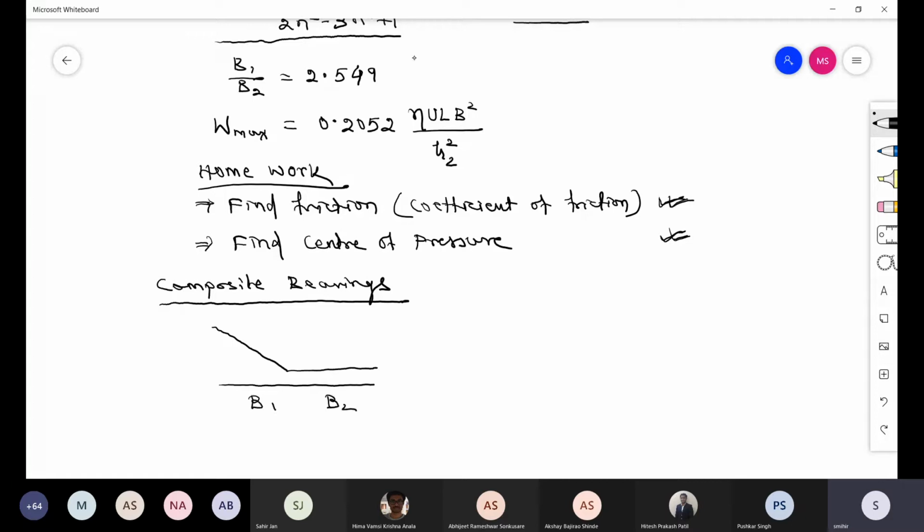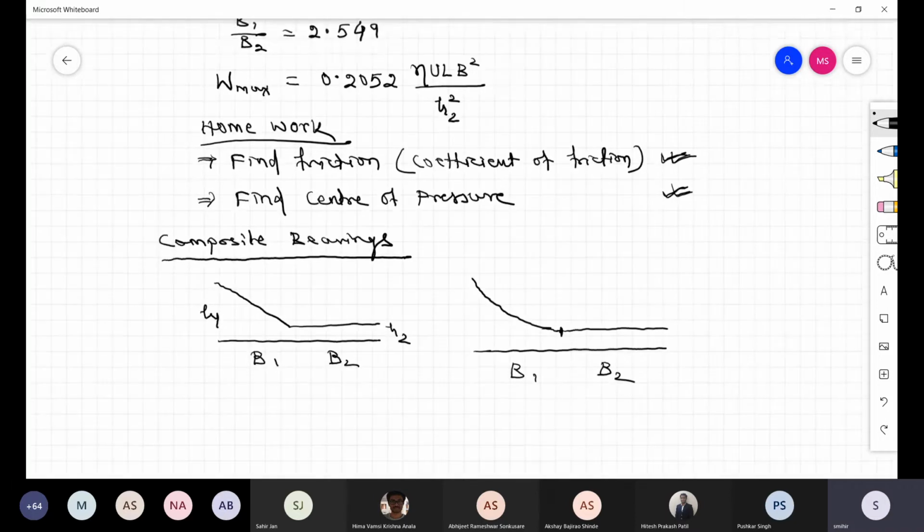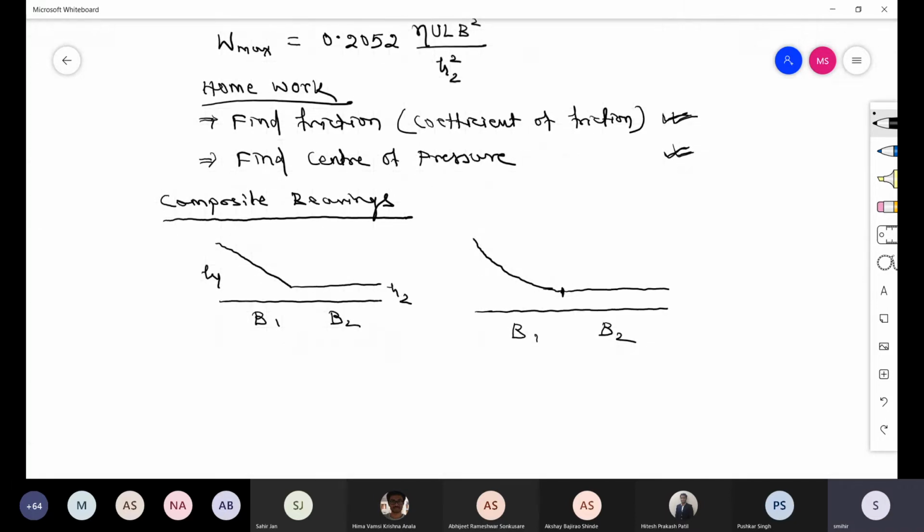This B1 portion is inclined like a plain slider bearing, then it is parallel. So you can have a configuration like this, where this is H1, this is H2, or you can have a configuration like this. Let's say this is exponential and then this is straight. So this is B1, this is B2. Many configurations you can have which are called composite bearings.